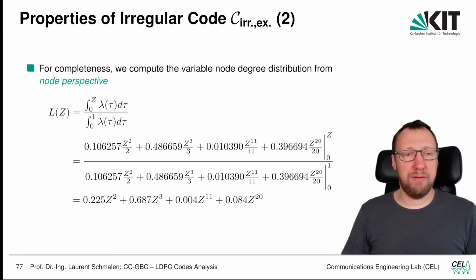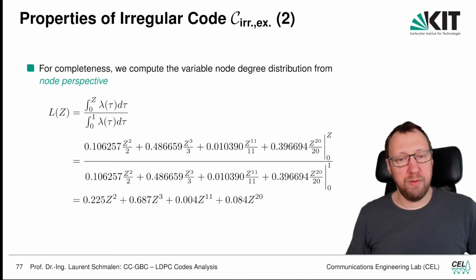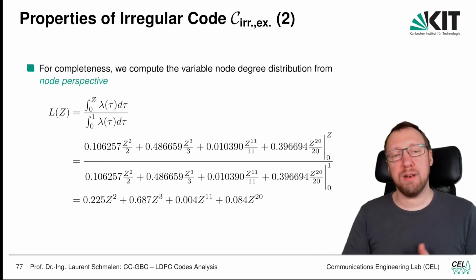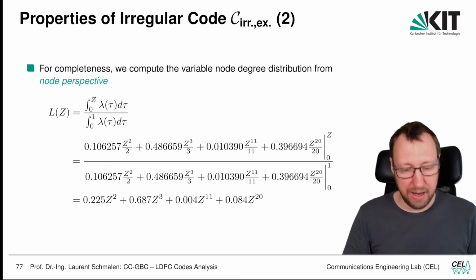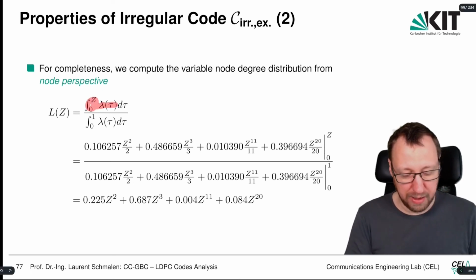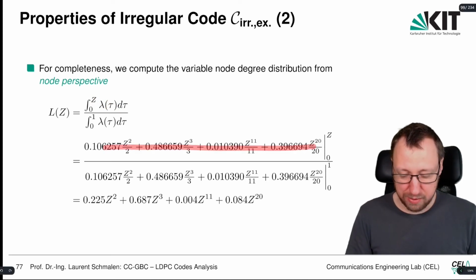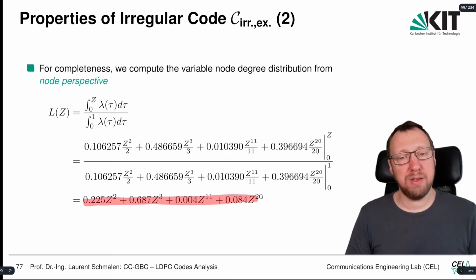We can also give the variable node degree distribution from the node perspective. That's the one you need if you want to construct the code. Again, you find this by taking the integral and normalizing it. It's a little bit nasty because of what you need to insert, but you find the values for L of z.